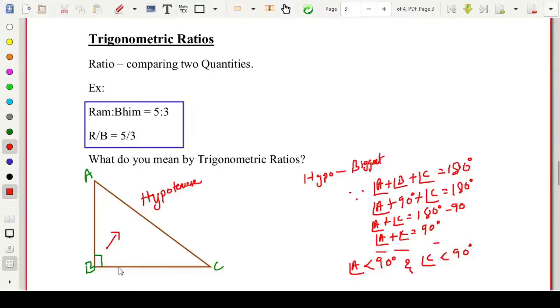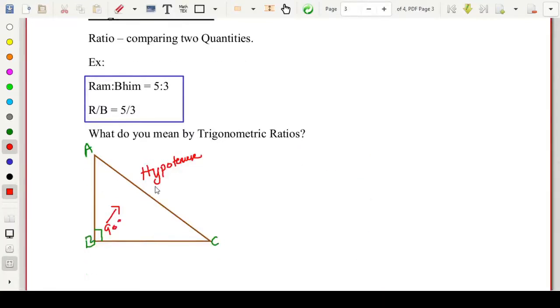Angle B is the biggest angle because it is the only angle making 90 degrees, whereas angle A and angle C together make 90 degrees, which means the hypotenuse, the biggest side of a right triangle, is opposite to the 90 degree angle. We came to know that angle B measures 90, which is the biggest angle compared to A and C.